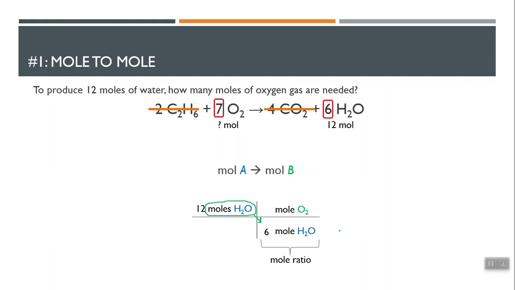So 6 moles of water, right? And then 7 moles of oxygen, okay? And then we solve. Like units cancel out, which in this case is moles of water. Go ahead and multiply across, divide by whatever's on the bottom. In this case it's 6. And we get a total of 14 moles of oxygen.